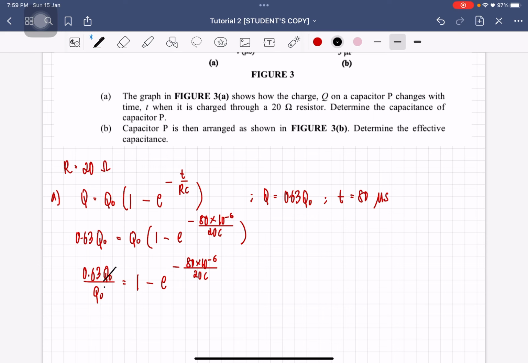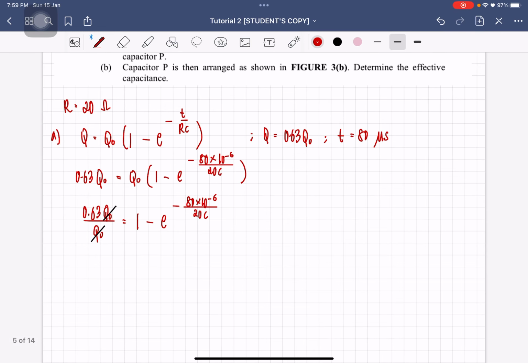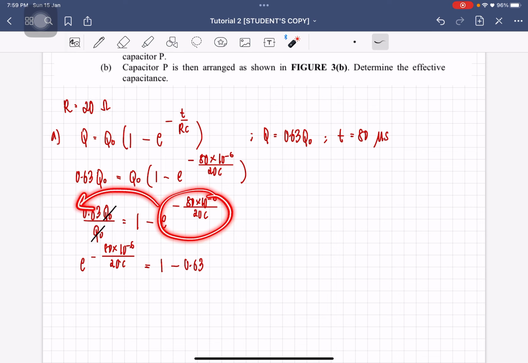So we are left with 0.63 equal to, I'm just going to directly rearrange it. So this is going to be 1 minus 0.63. What I did was, after the Q naught cancels, we move this e to the other side, so it becomes positive. So 0.63 moves to the other side, so 1 minus 0.63.